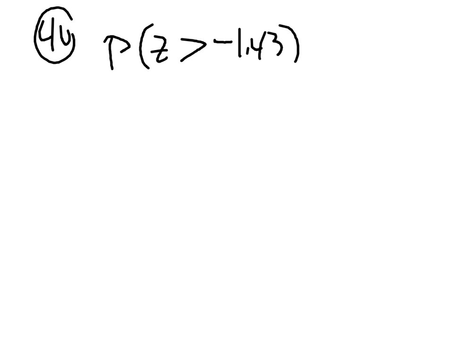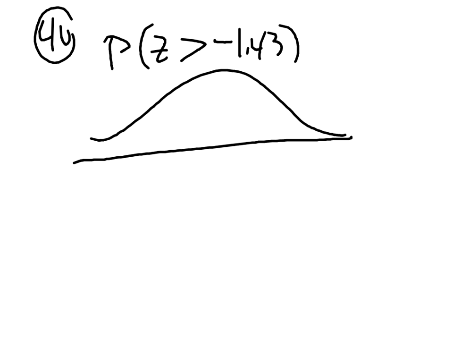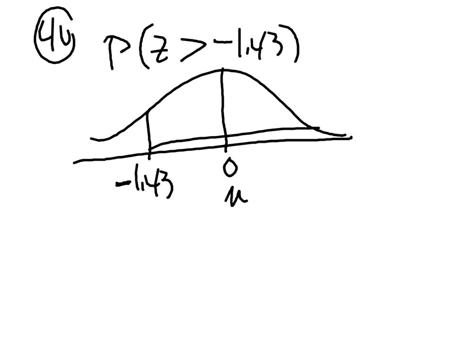All right, well, that doesn't tell us much, but as soon as I draw a picture of this, of course, a negative z-value is to the left of our mean there. Remember that the z is, as we'll see in the next section, associated with the mean. And negative 1.43, I'll say it's right here. But we're looking for the area greater than minus 1.43, which is like saying the area to the right.